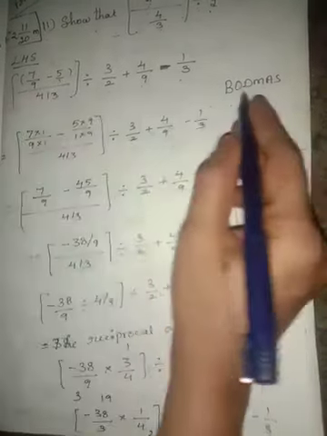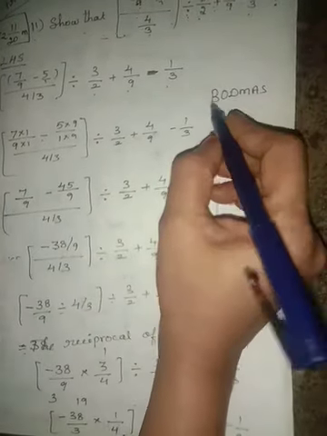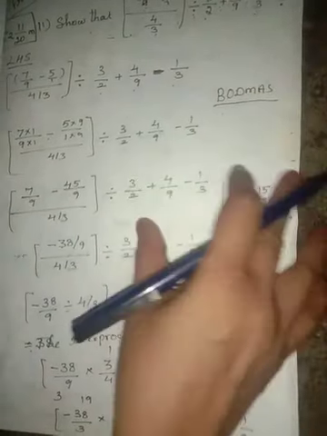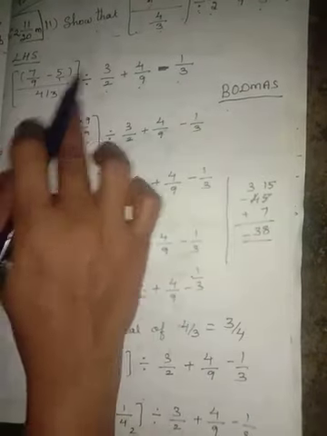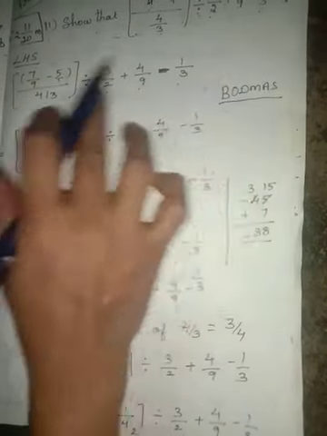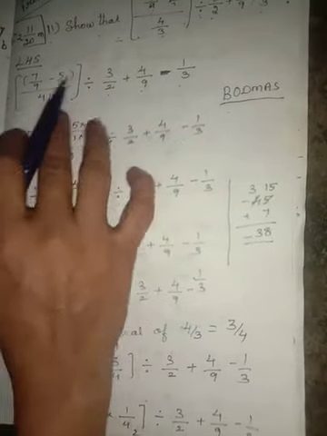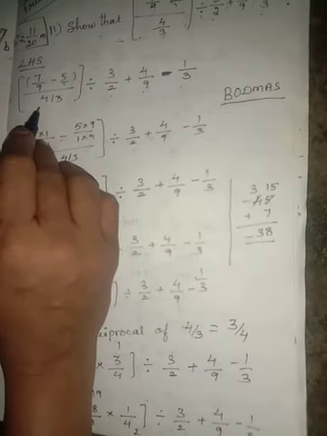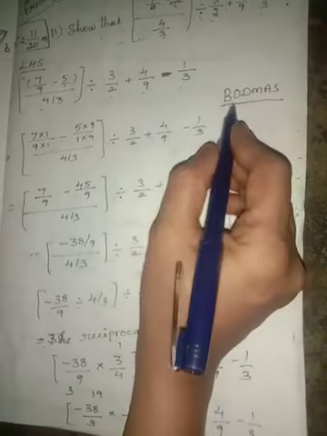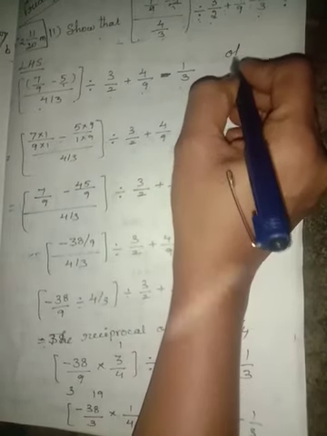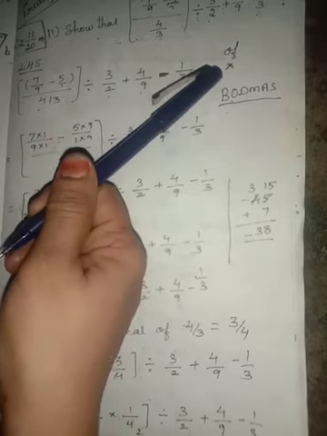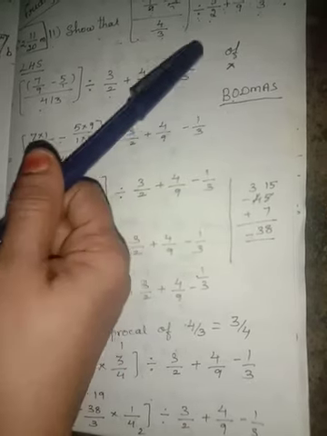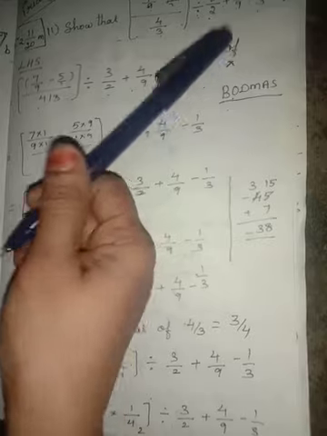For that we take the rule of BODMAS. What is BODMAS? Here B represents brackets. When you see sums like these, we must first find the bracket answer. Then O means of: if you have of, multiply and find that answer.